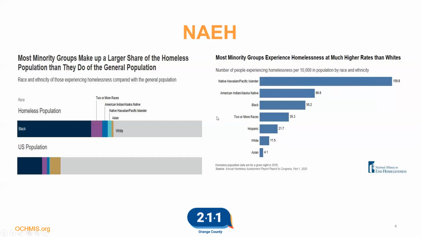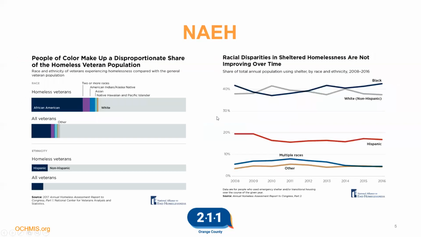So the next two from NAEH, on the left, the method of comparing data is similar to the previous chart, where it's looking at the larger population compared to a specific population, but this is focusing on veteran clients.